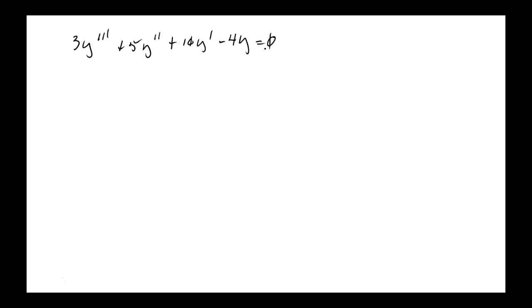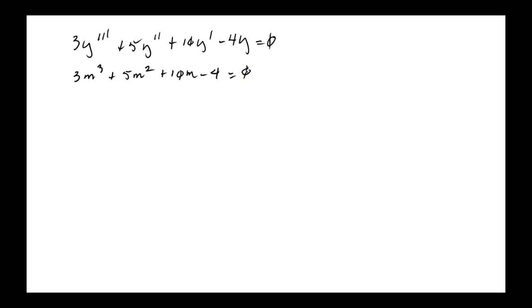What would be your auxiliary equation? Okay, that would be 3m cubed plus 5m squared plus 10m minus 4 equals 0.